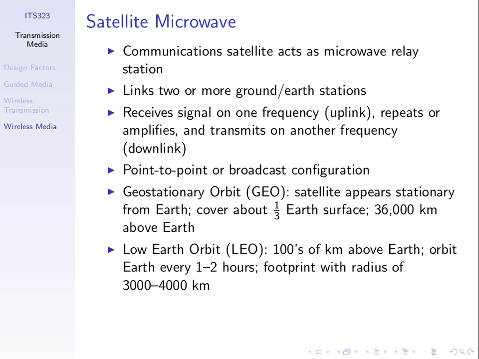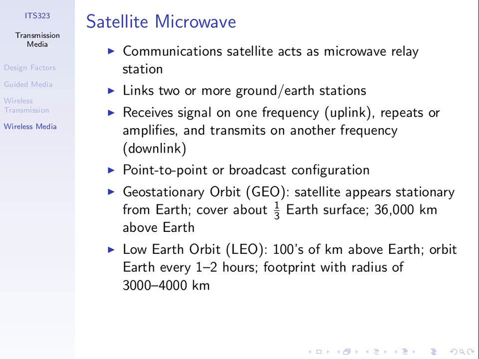One of the problems with a geostationary satellite is the propagation delay. 36,000 kilometres. Propagation delay, remember, is distance divided by the speed of light, c. 36,000 kilometres. That's to transmit a signal up to the satellite.